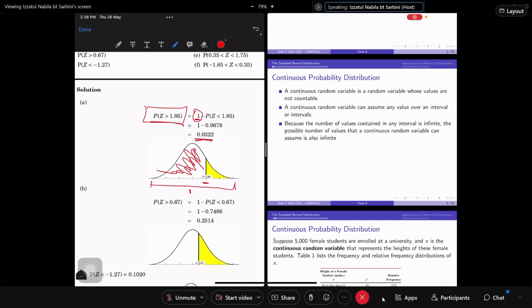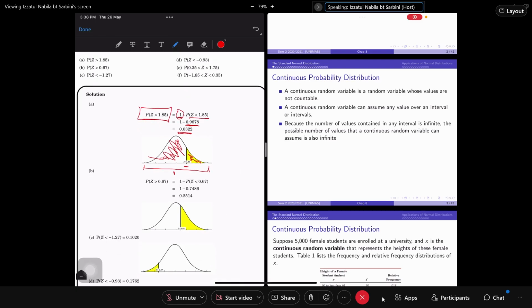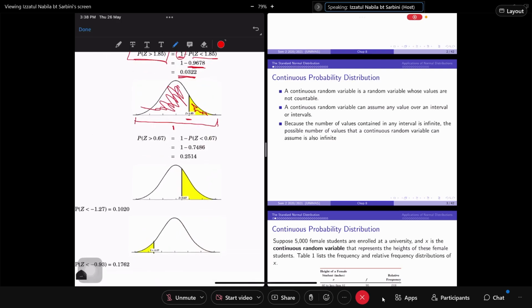You directly get it from the table, 0.9678. But you want this yellow shaded area here, so you have to minus it from 1. Same with question B, because it's more than, that's why you have to minus this side.